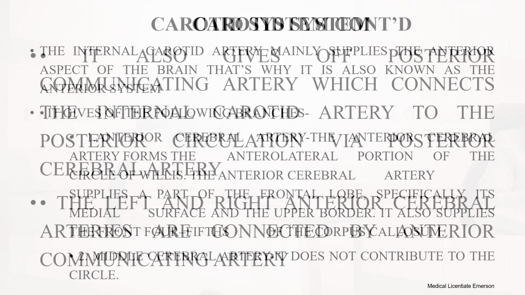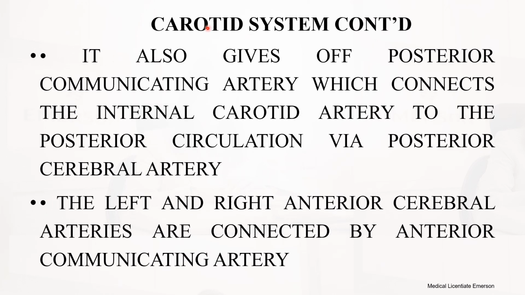Let's continue with the carotid artery. It also gives off the posterior communicating artery, which connects the internal carotid arteries to the posterior circulation via the posterior cerebral arteries. The left and right anterior cerebral arteries are connected by the anterior communicating artery.